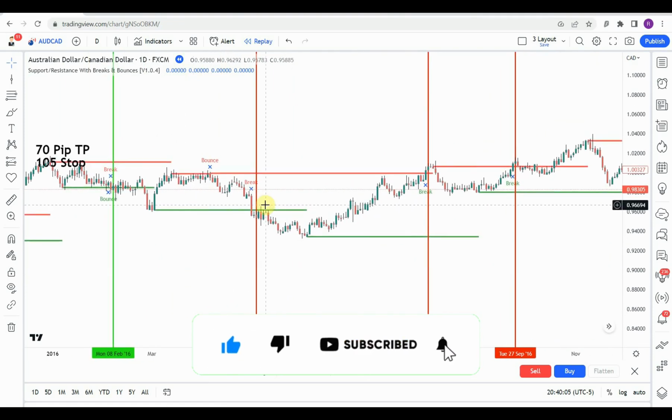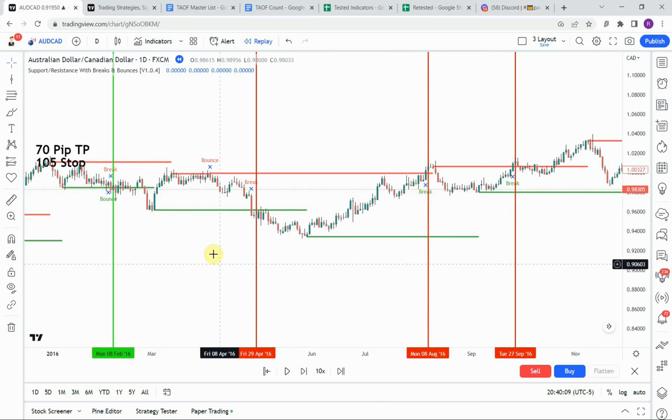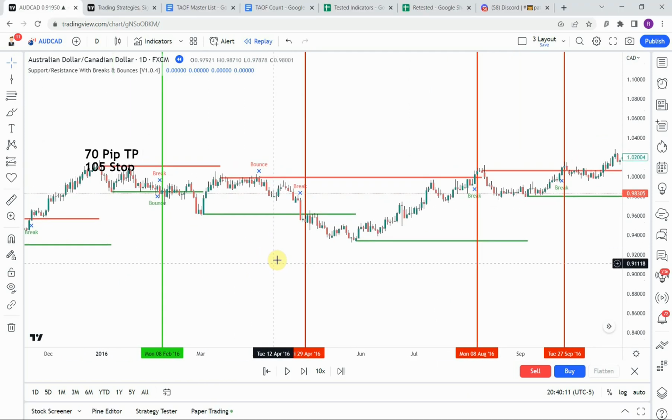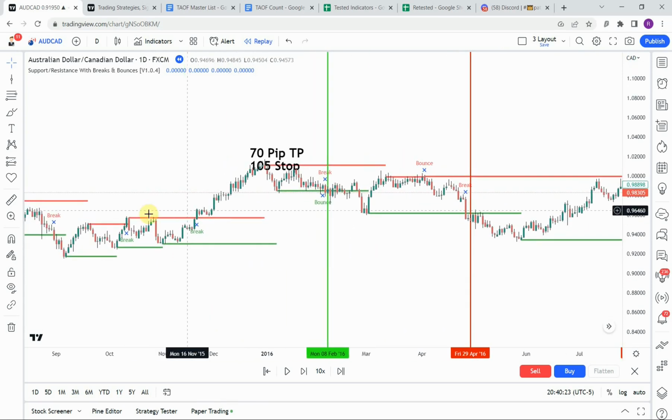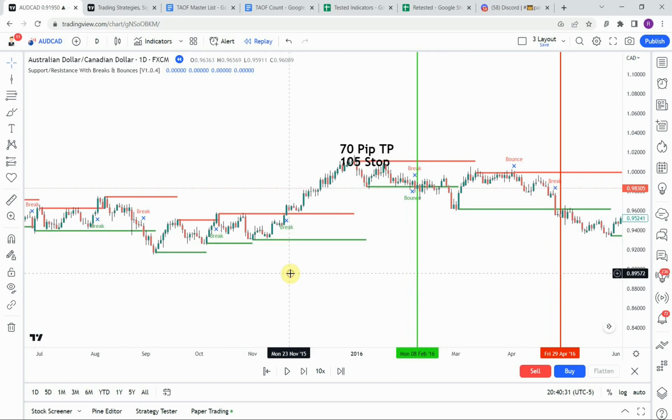Often what we see is when we get breaks of the support and resistance area, price doesn't just take off. That's a misunderstanding that a lot of new traders have. You think that if you get a break of these levels, price will just shoot out of there in whatever direction it broke out to.